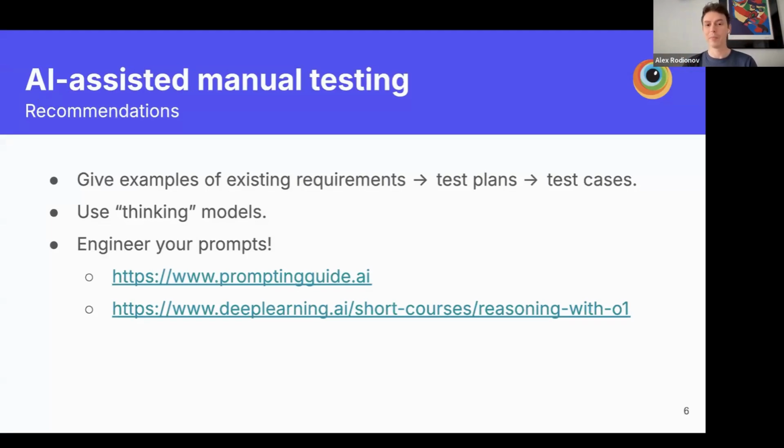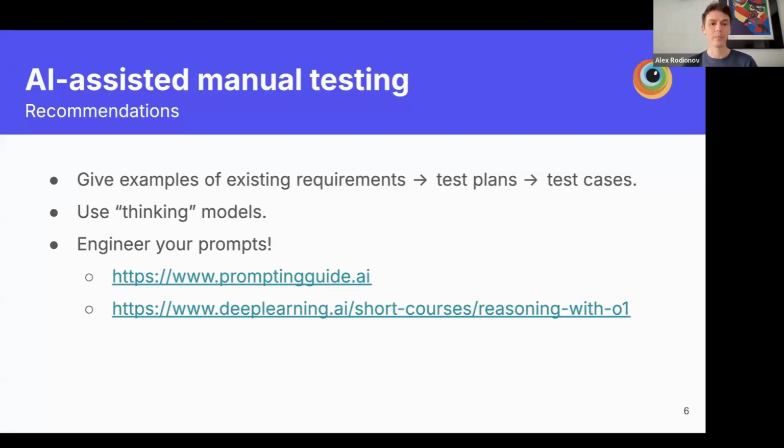Prompt engineering is still the king when we work with LLMs. I've listed a couple of resources here which I personally found very useful. There is promptingguide.ai, a collection of prompt engineering resources, where you can learn about things like zero-shot, few-shot prompting, and chain of thought. These are all very useful when working with large language models.